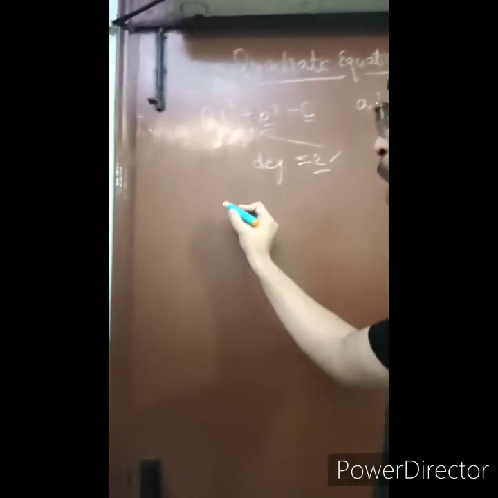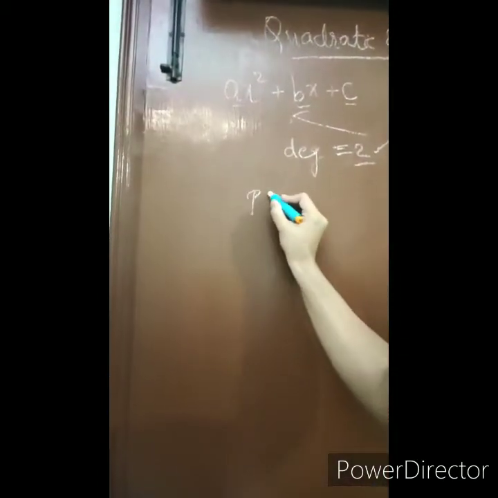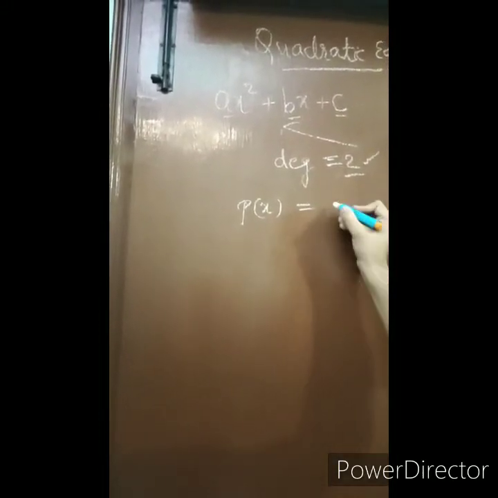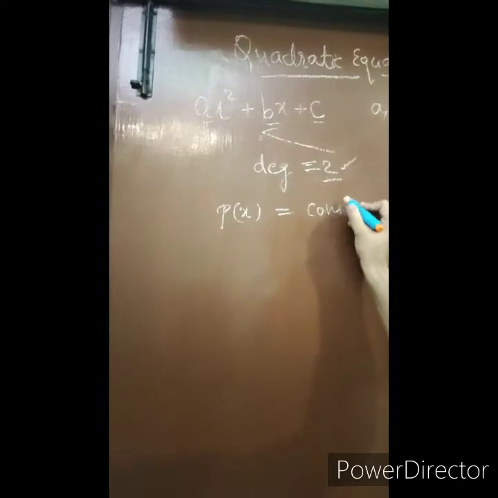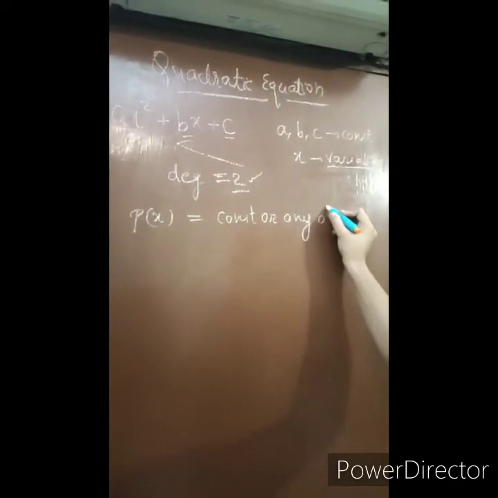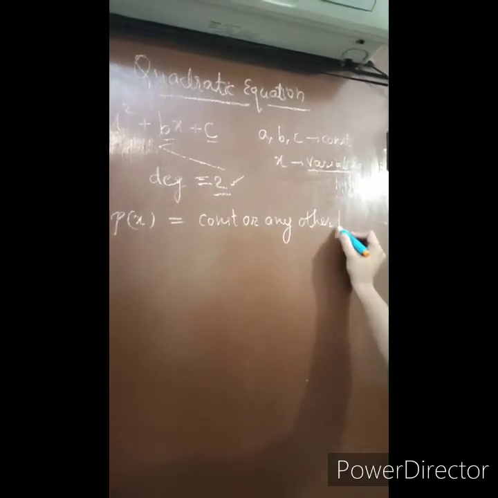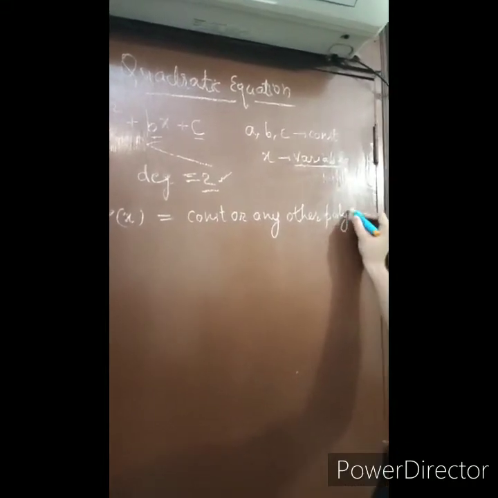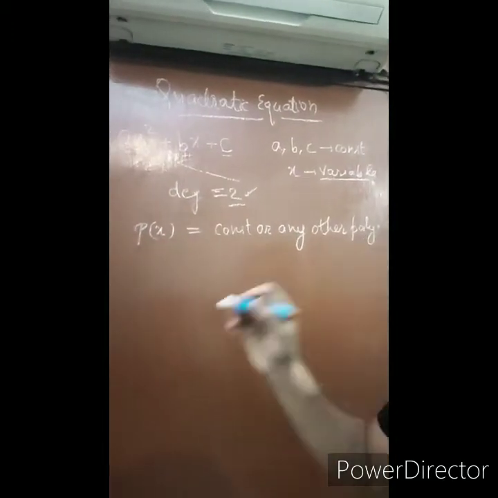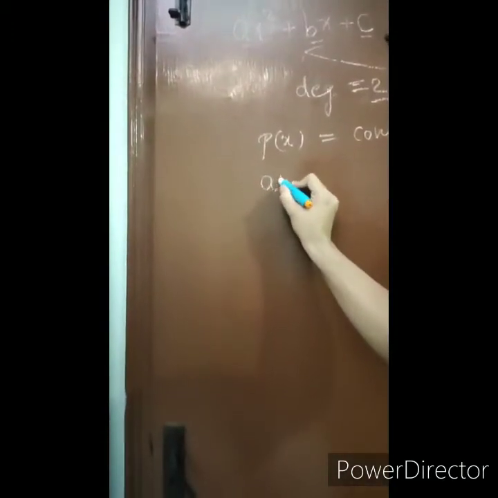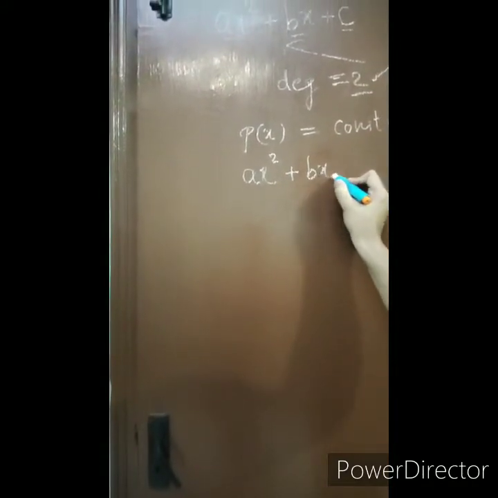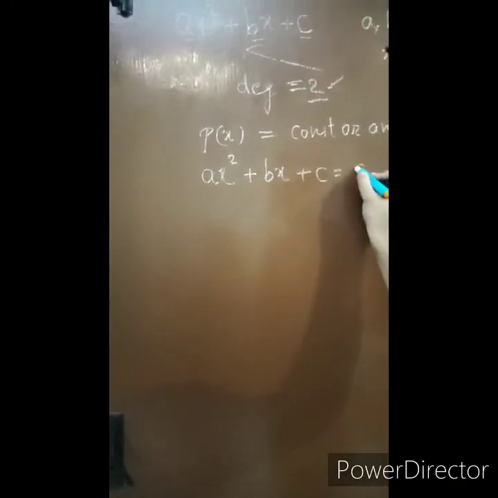And now when any quadratic polynomial becomes equal to any constant or any other polynomial, then we get a quadratic equation. For example, we can write ax square plus bx plus c equals to 0.